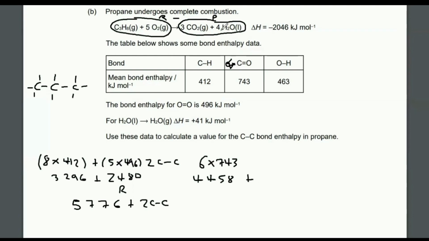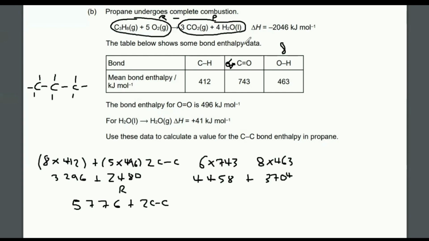I want to add that to 4 water molecules, which means I'm going to have 8 lots of OH. So add that to 8 times 463. Sorry, pause there. 8 times 463 equals 3704.